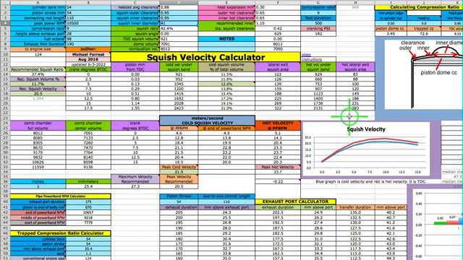So what else about this calculator? It shows the difference between the hot velocity and the cold velocity. It estimates the rod stretch, which I don't know if you know this, but TDC is higher when the engine's hot than when it's cold, because the rod elongates more than the cylinder does.